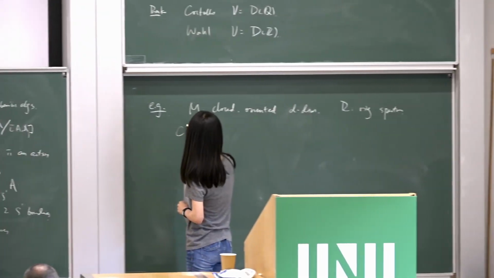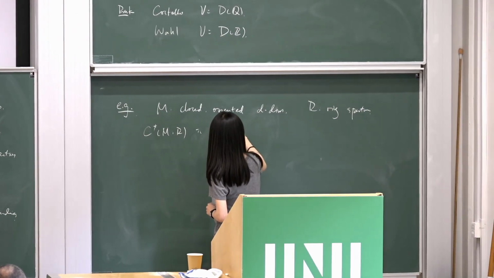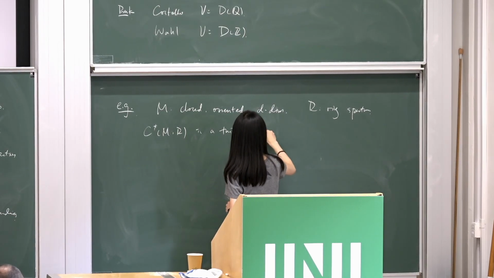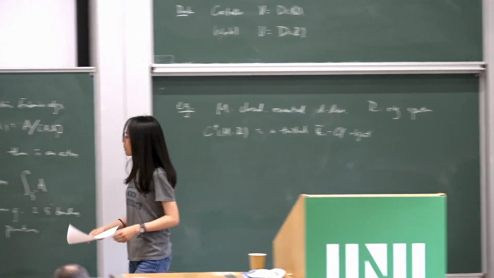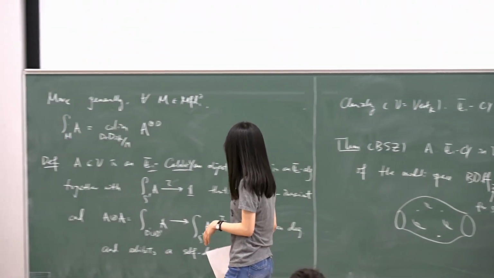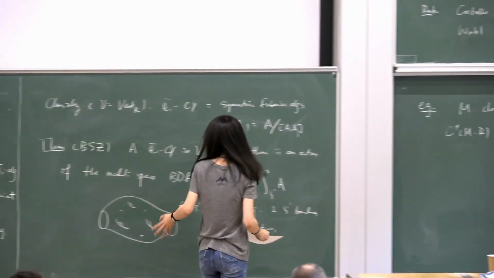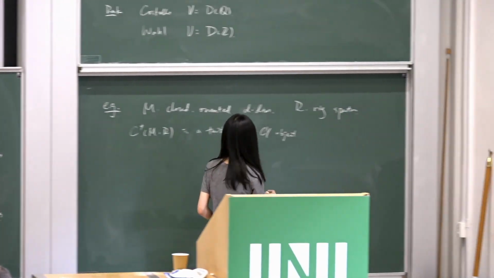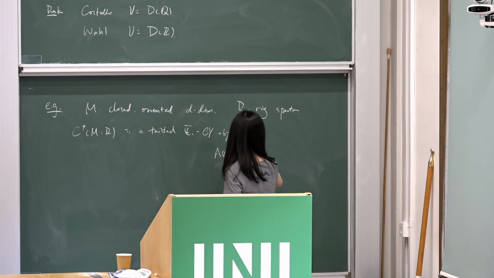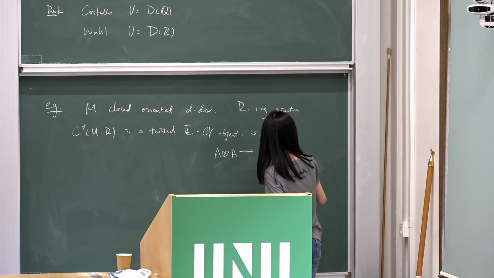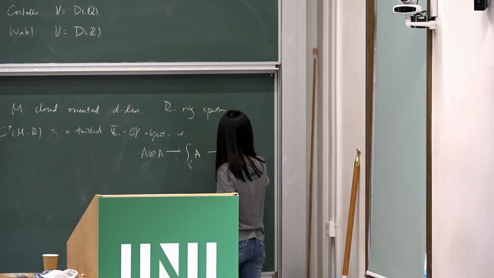Then the cochains of M with values in R is really a twisted Calabi-Yau object, in the sense that we have a non-degenerate pairing from A tensor A to itself. This is the Poincare duality pairing, but it does not go to the unit. It goes to the unit shifted by d. I.e. the pairing really is A tensor A going to the factorization homology over S1, and then to the unit shifted by d.